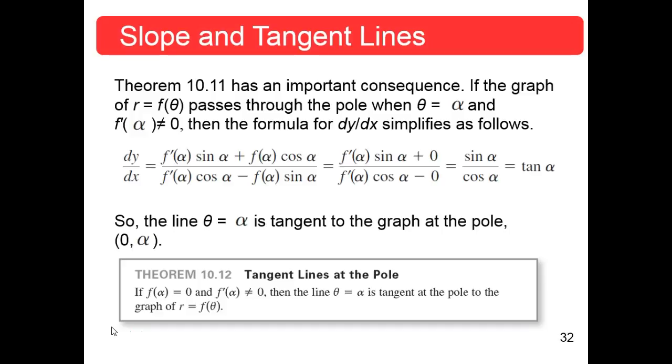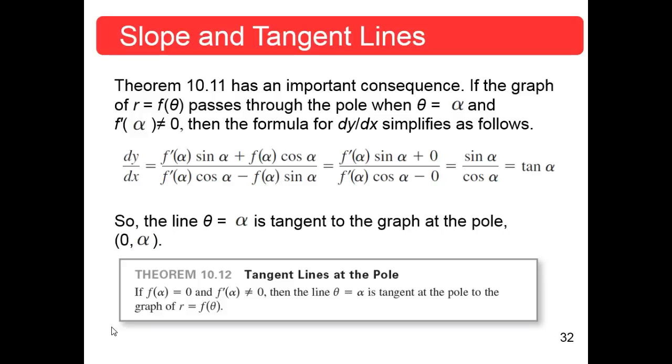Dy/dx, using that theorem 10.11, is f prime sine plus f cosine over f prime cosine, as long as this is not 0. But f of α is 0, because when θ is equal to α, it passes through the pole, meaning you're at 0.